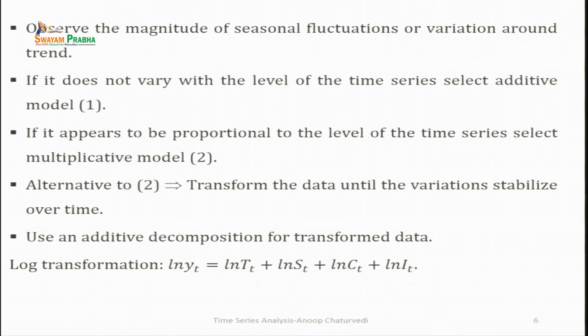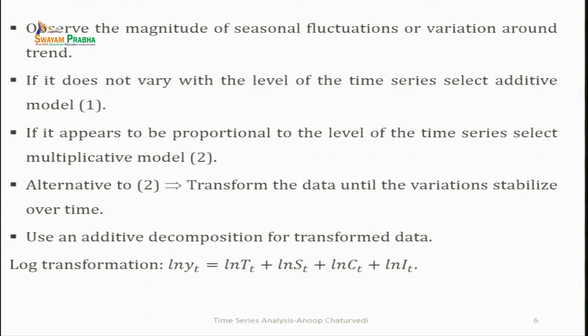One of the alternatives is, if you do not want to use the multiplicative model, then it may be possible for you to transform the data using some suitable transformation. Usually the log transformation works, and then after transforming the data, you can convert the model into an additive model. So, we transform the data until the variation stabilizes over time, and use an additive decomposition for the transformed data.